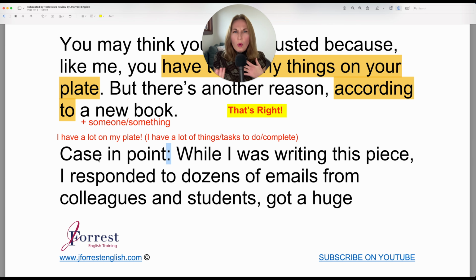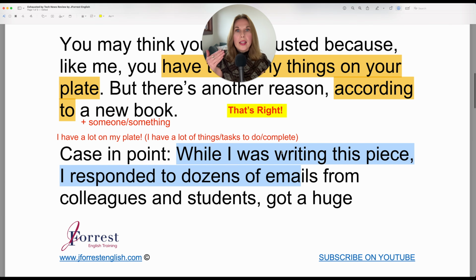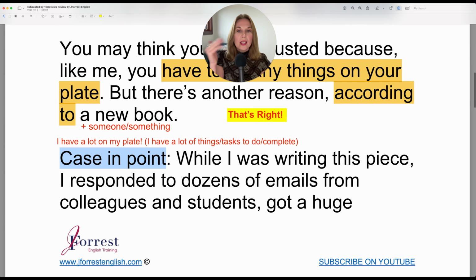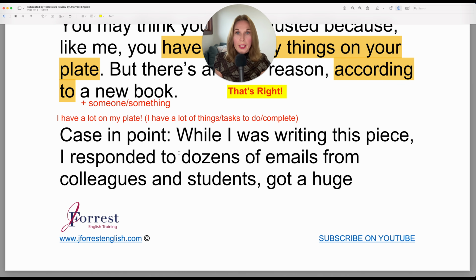It's a more formal way of saying, for example. Now, here, this is an example of how this person has too many things on their plate. So case in point, and then they're going to have a long list of things they have on their plate.